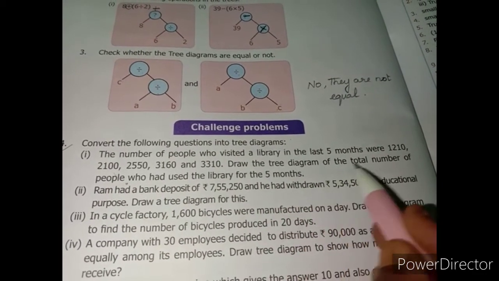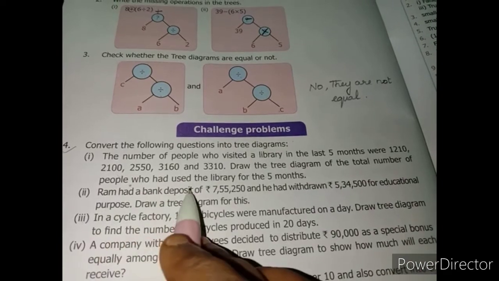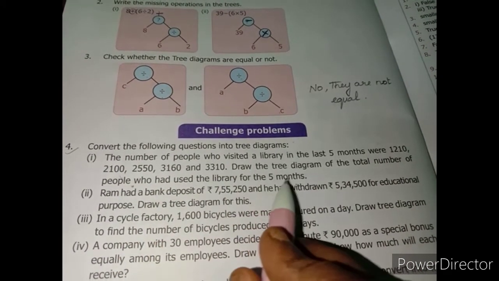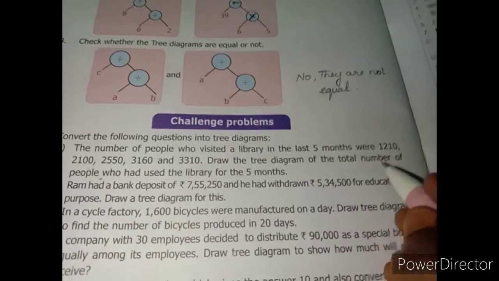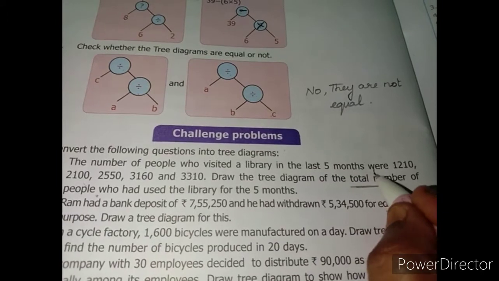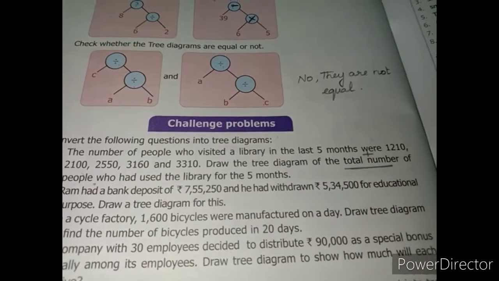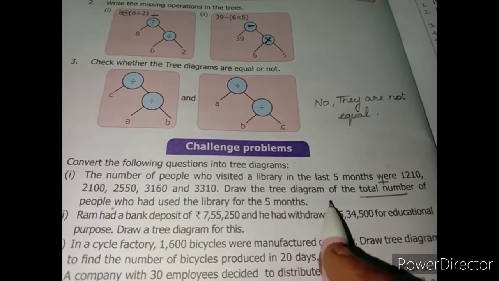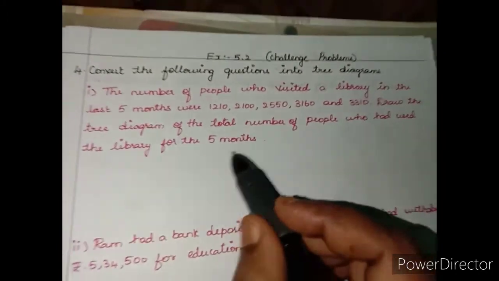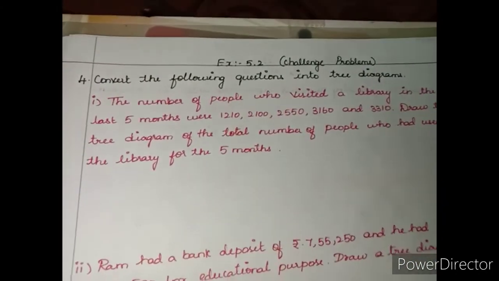Draw the tree diagram of the total number of people who had used the library for the last 5 months. So total number means we have to add everything. Now we are going to draw the tree diagram. Let's do it. As I told you, the questions are going to be very big.